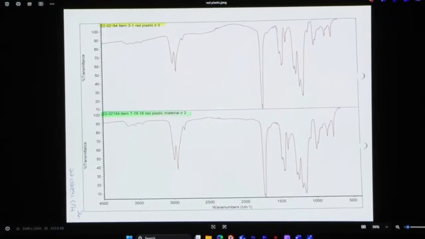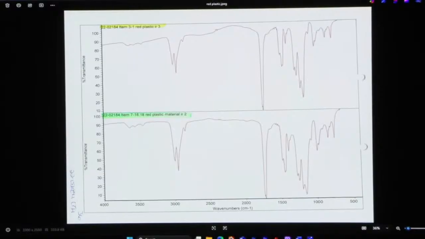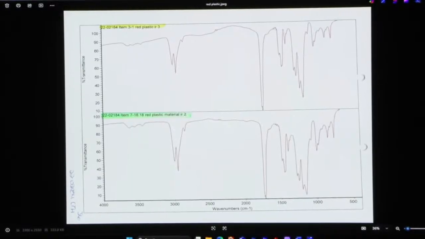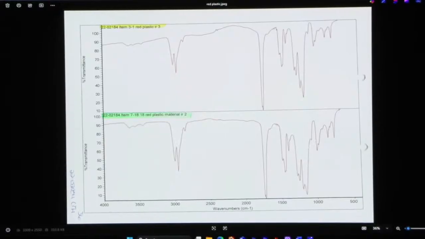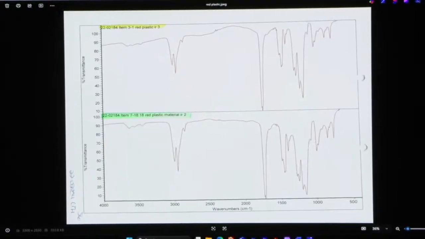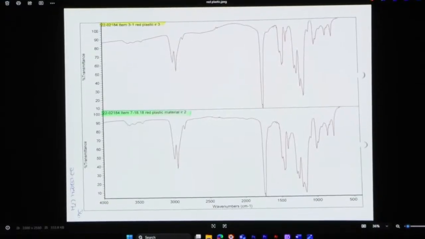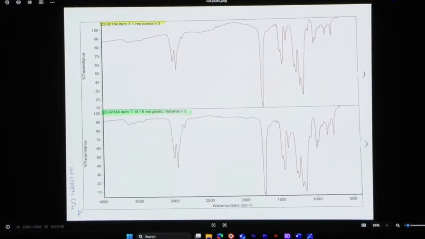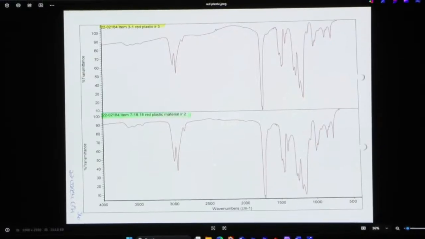Thank you. Ms. Gilman, if I could have the red plastic data. Ms. Hanley, directing your attention to the screen again with the laser pointer, if you could delineate for the jury which set of data is associated with which item. The top spectrum is item 3-1, and the bottom spectrum is item 7-18.18.